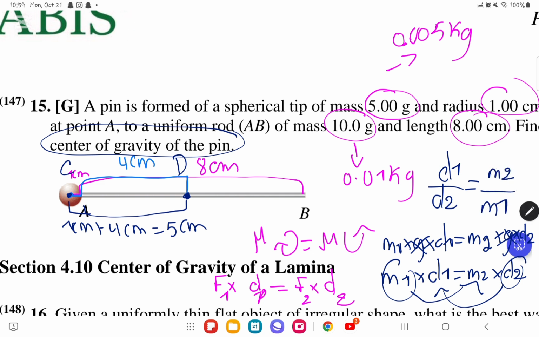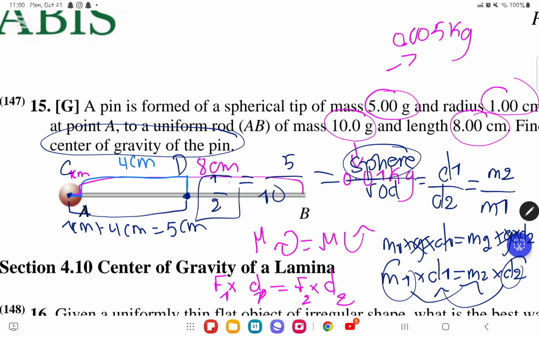Let's say we are doing rod over sphere. Or my bad, it should be the sphere over the rod, because the mass of the sphere is 5 grams over the mass of the rod, which is 10 grams. So we are going to get 1 over 2.